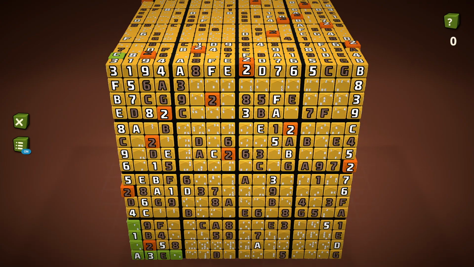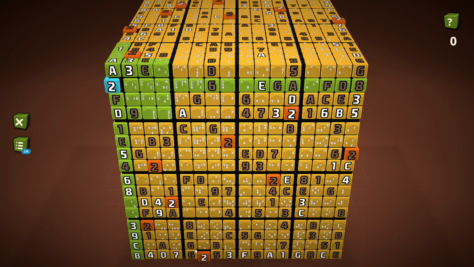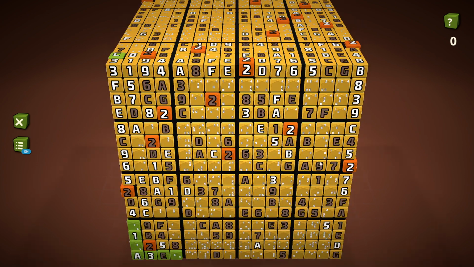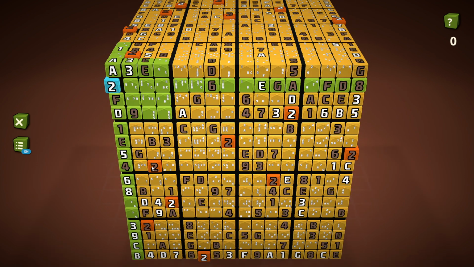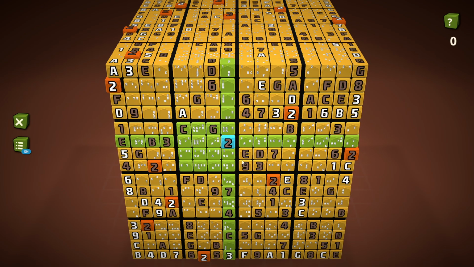2s. What all can be 2s here? No, no. That one could be a 2. None of those could be 2s. That can't be a 2. All the top can be 2s. Just those 2.